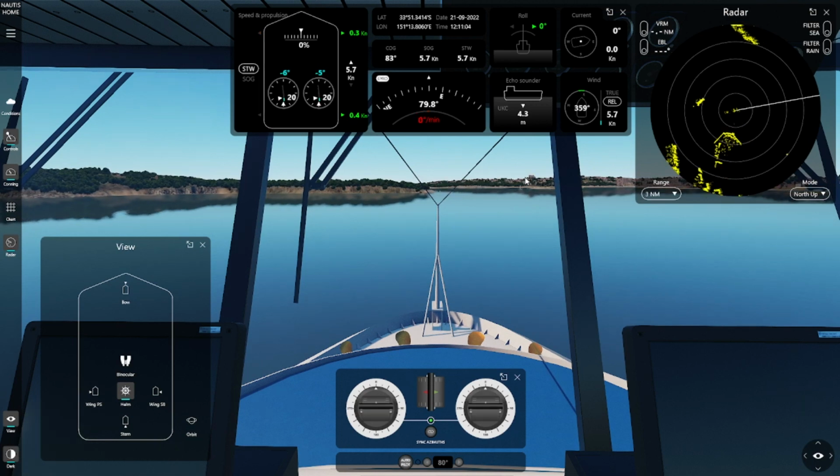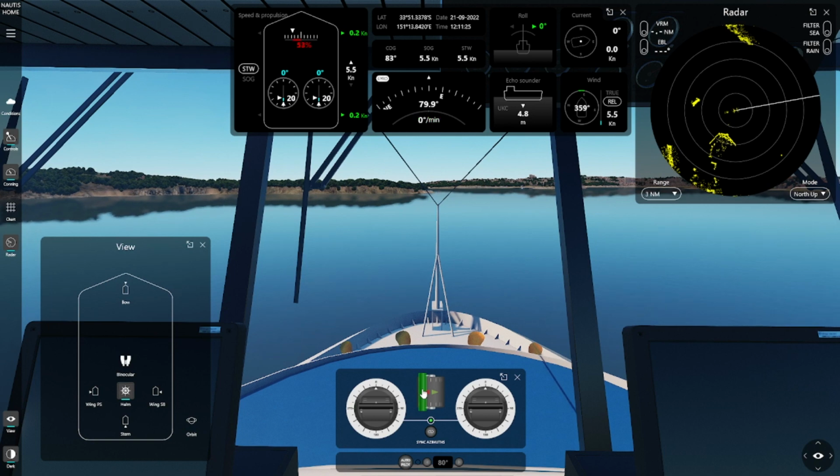Okay, so I have the ship steadied on 080, and I'm going to demonstrate the ineffectiveness of the bow thruster whilst the vessel is moving ahead. Again, this is because the bow thruster is located close to where the pivot point is, and so we're not going to see much effect from it.